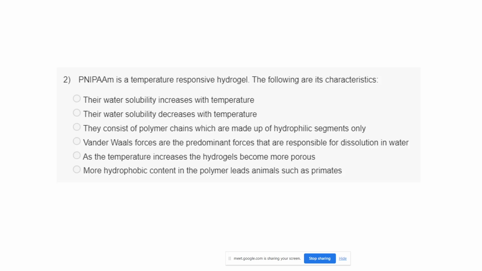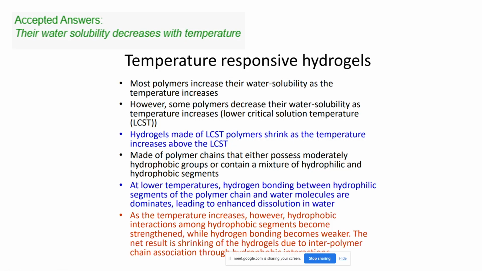Okay. So temperature responsive hydrogels, the main characteristic of these is that their water solubility decreases with temperature. So at higher temperature, they will be less dissolved, less soluble in water, and there is a lower critical solution temperature. Above this temperature, they are less soluble, and below this, they are more soluble in water.